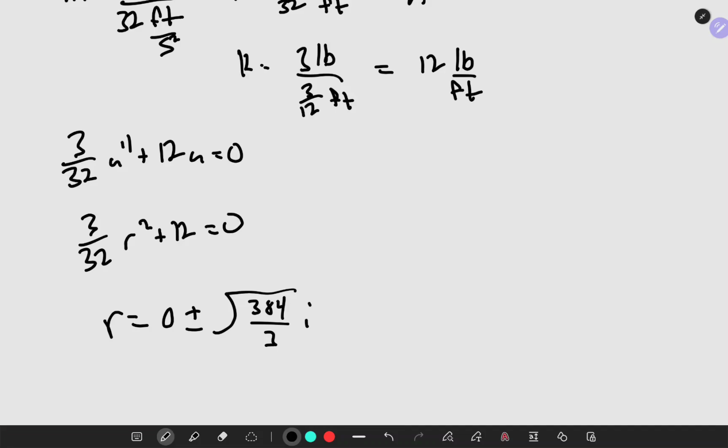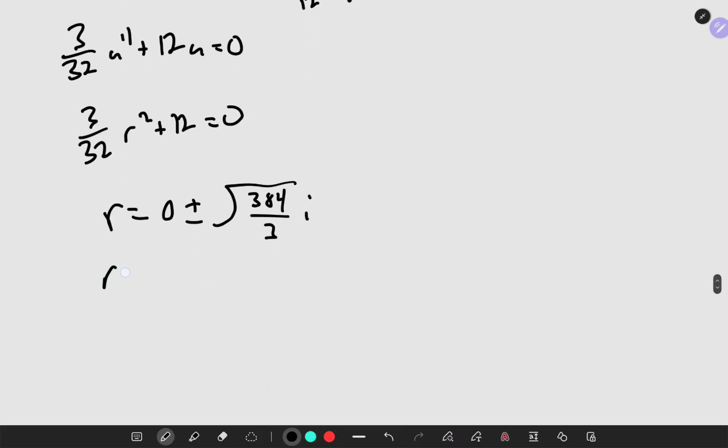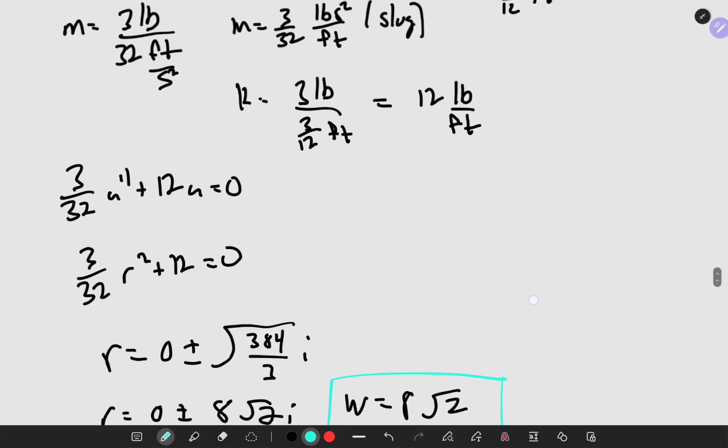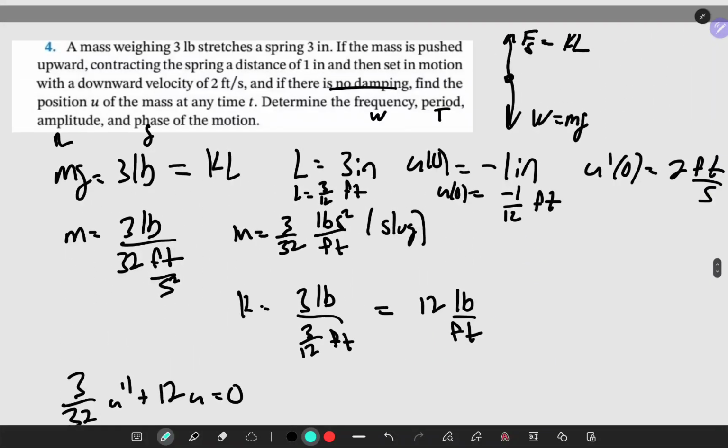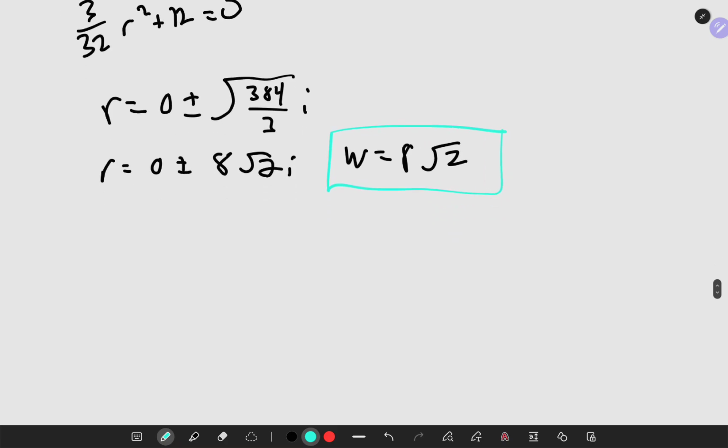Let me see what that would be. 384 over 3, 8 root 2. Okay. So then our frequency, this is something it asks for, is 8 root 2. So we have 1 out of 5 things completed. We have our frequency.